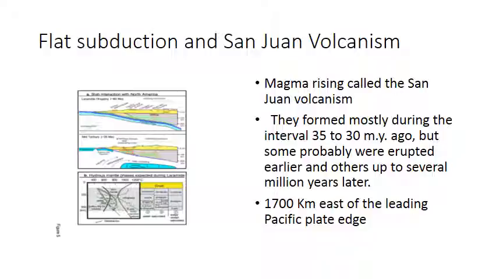Essentially, as the shallow subducting slab went further inland, it took with it a lot of volatiles, and by volatiles I mean water, and allowed the formation of a lot of hydrous minerals along the base of the lithosphere. So it essentially fertilized the lithosphere.